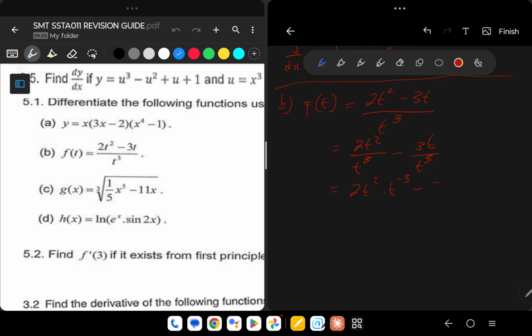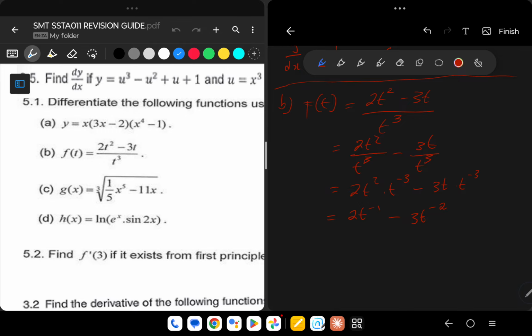So also this side is the same as 3t times t to the power of negative 3. So this is the same as 2t to the power of negative 1 minus 3t to the power of negative 2.